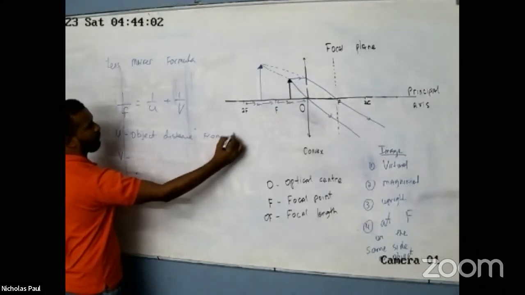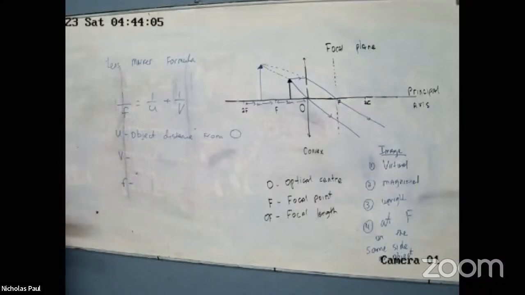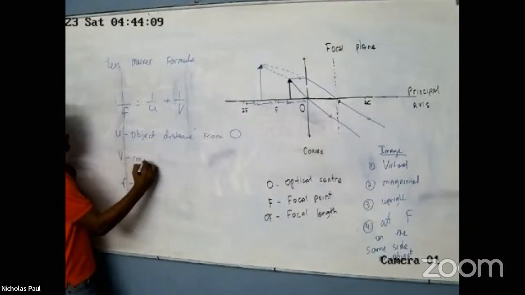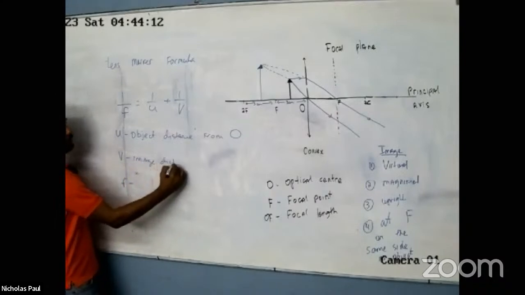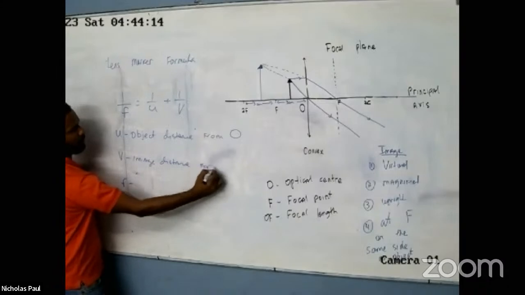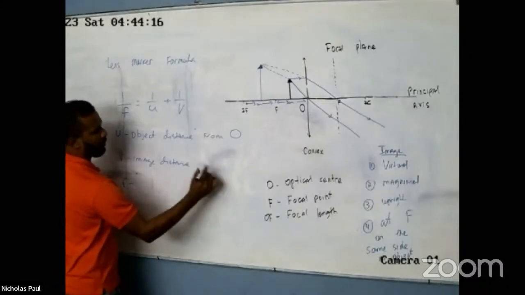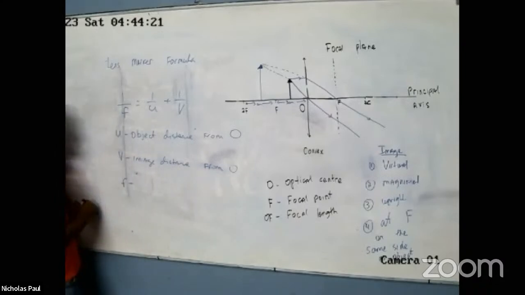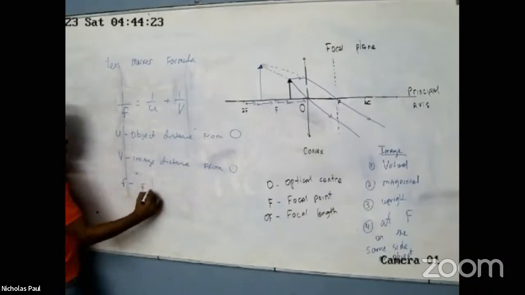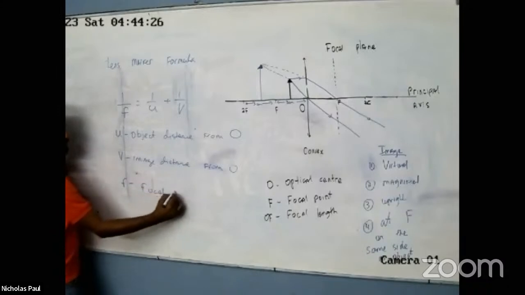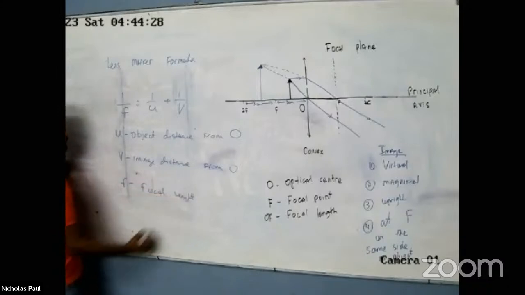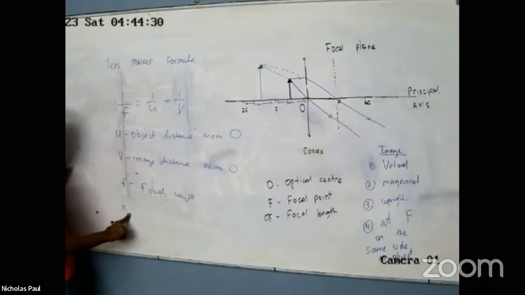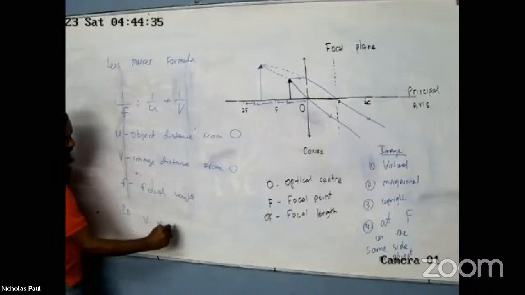Where U is the object distance from O, V is the image distance from O, and F is the focal length. Note that V is negative.